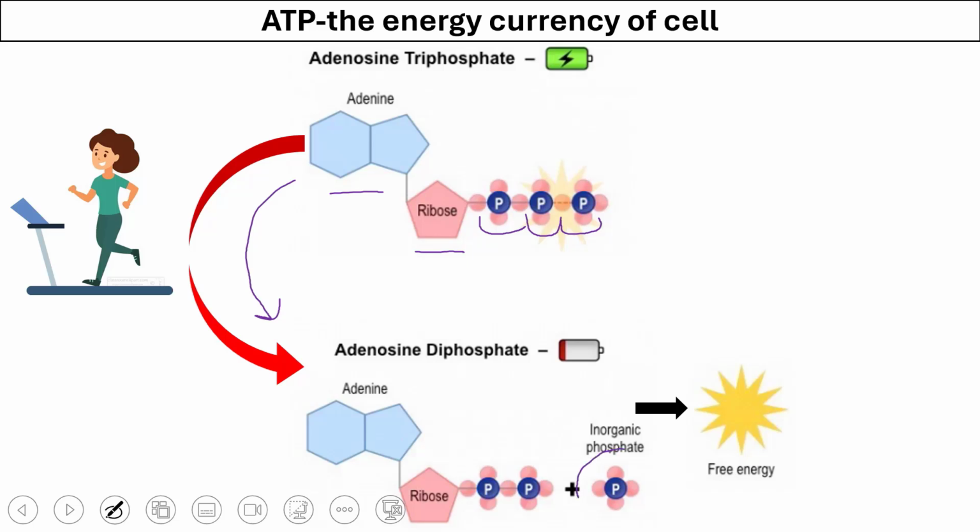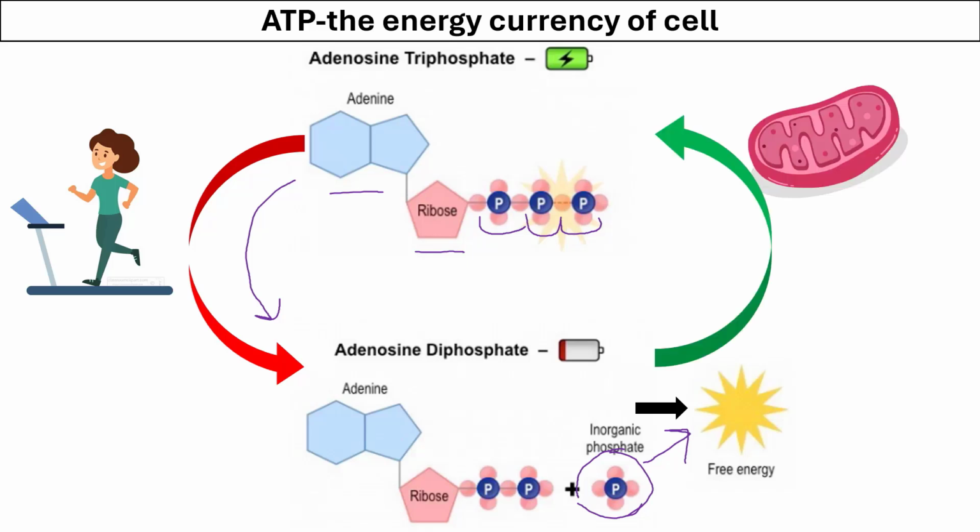A phosphate is released, which leads to the release of high free energy. When your body requires energy, you need to synthesize ATP. At that time, ADP gets converted into ATP by the addition of a phosphate, and this process occurs in the mitochondria of your cell, which is why mitochondria is called the powerhouse of the cell.